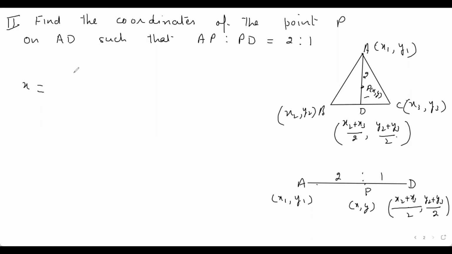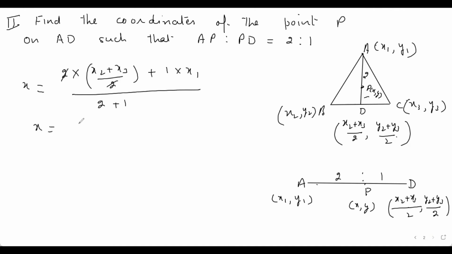So x is equal to 2 into x2 plus x3 upon 2, plus 1 into x1, upon 2 plus 1. So this 2 and this 2 cancel.